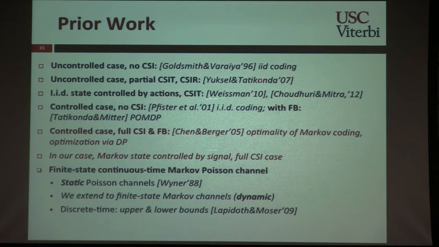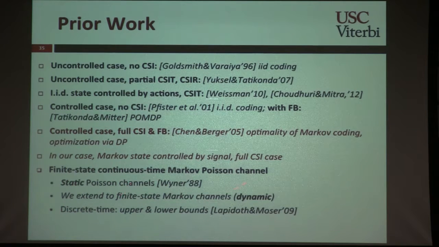We are going to ride heavily on this prior work by Chen and Berger, which is interesting. When they did this in 2005, I don't think it was for a biological problem, but you see subsequently that Toby uses this paper and its results to come up with some answers to some of the biological problems that he's been studying. So we have a Markov state controlled by our signal, and we're going to assume that we have full CSI.